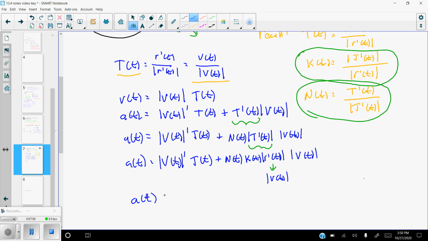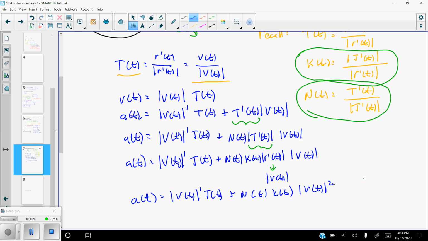So a of t is going to equal the magnitude of v of t prime, T of t, plus N of t, k of t, and then I'm going to have two v of t magnitudes, so it's going to be the magnitude of v of t squared.